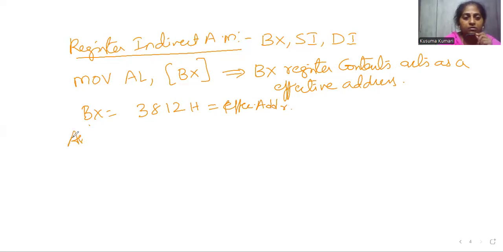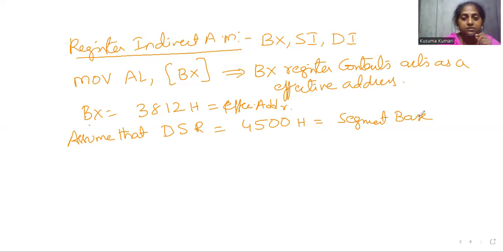And assume that the data segment register has, for example, the same 4500 hexa. This is the data segment register, that means it is the segment base. Already I told you many times, this is the segment base address.